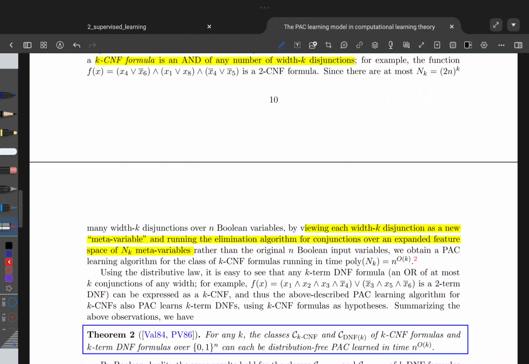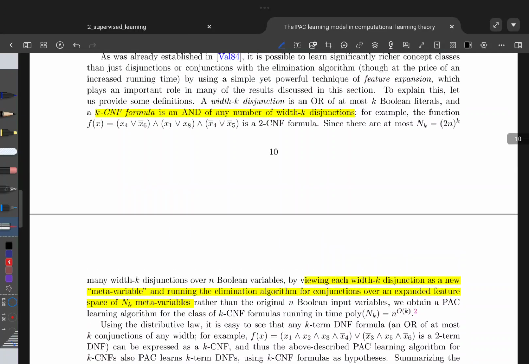All right. So it turns out that this can be handled using the same approach that we just discussed. A k-CNF formula is something that looks like this. Each term is an OR of two variables. And one way of learning this is you treat each of these terms as a single variable.